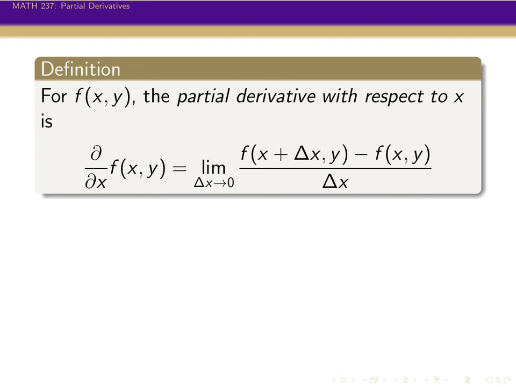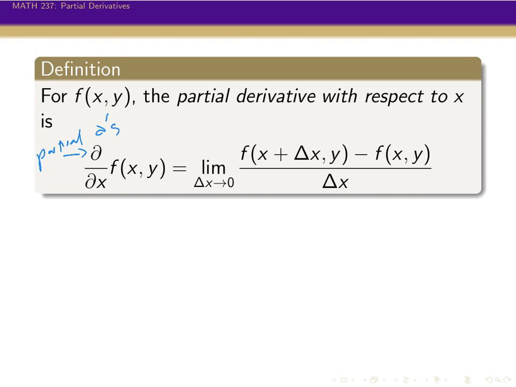Given a function f of x, y, the partial derivative with respect to x is defined as follows. Because this is a function of two variables, we're not using the regular d's, we're using what are called partial d's. This funky d is pretty much only used for partial derivatives.